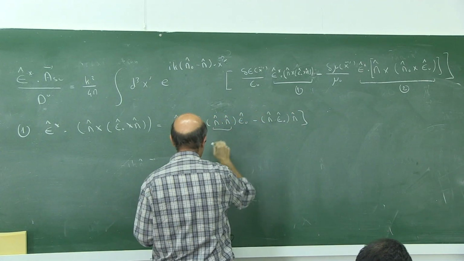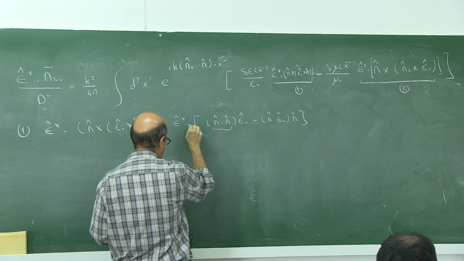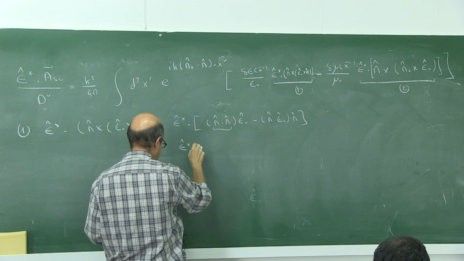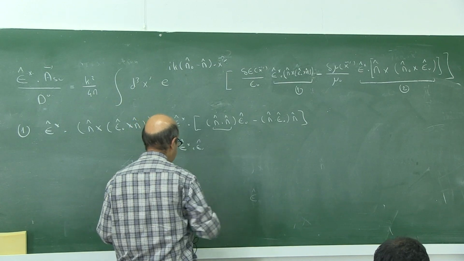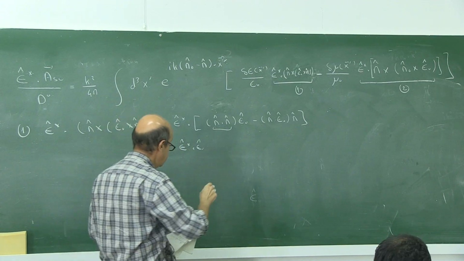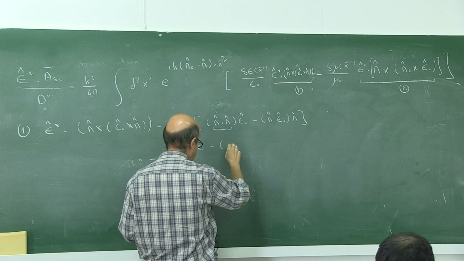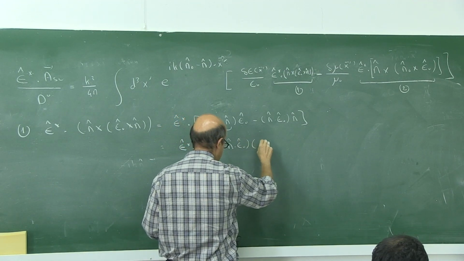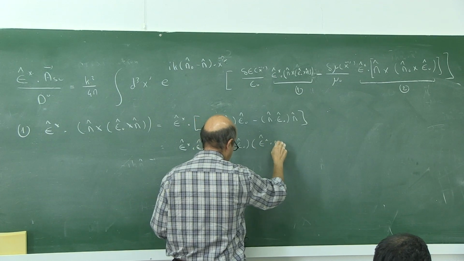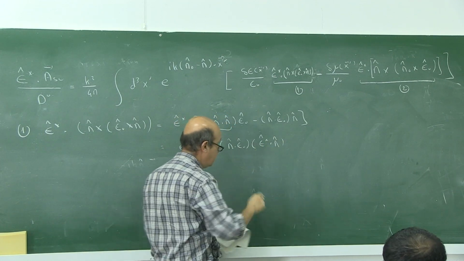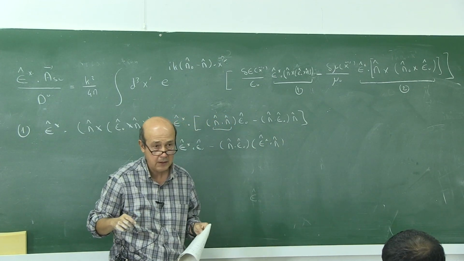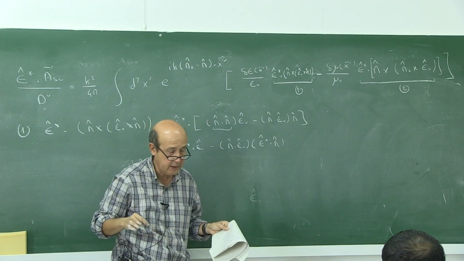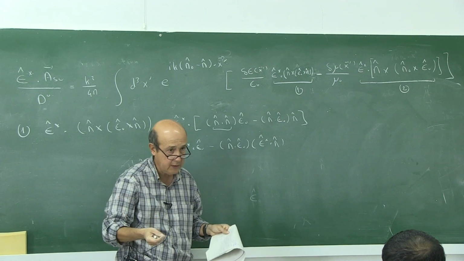This is unity, and epsilon complex conjugate dot epsilon 0 is the term which I wrote without calculating here. And what is the other term? n dot epsilon 0 times epsilon complex conjugate dot n. What is the meaning of epsilon complex conjugate dot n? Epsilon complex conjugate is the polarization after the scattering, and n is the propagation direction after the scattering.